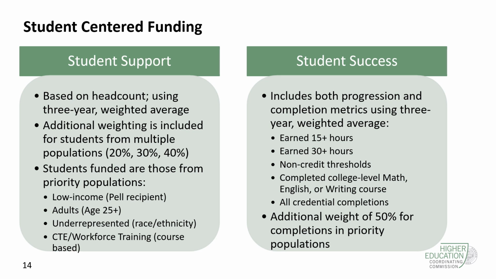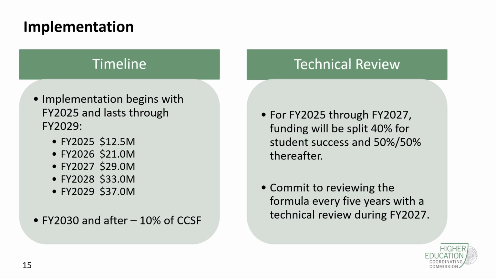So that, in summary, is what the 2 new components will look like, what they'll try to accomplish, and in specific terms, how we will implement them over time is we'll look to start implementing them with fiscal year 2025. And that implementation period will last through 2029.